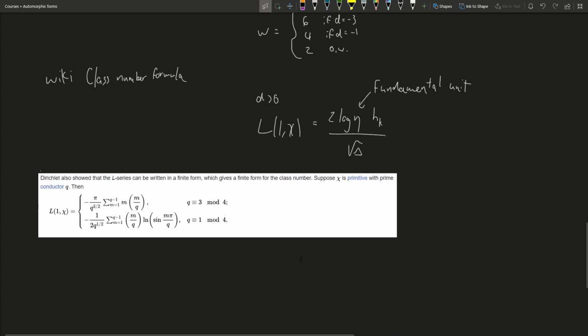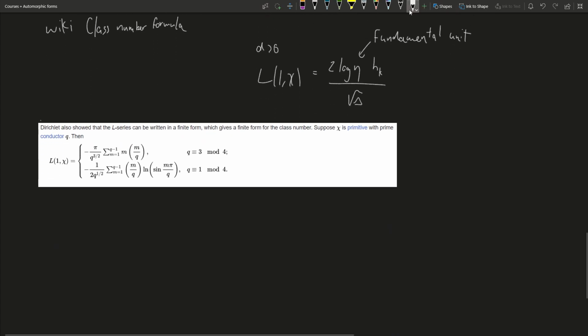So you can go and check that out. There are formulas for these things, and the reason why this class number formula pops up is kind of interesting.